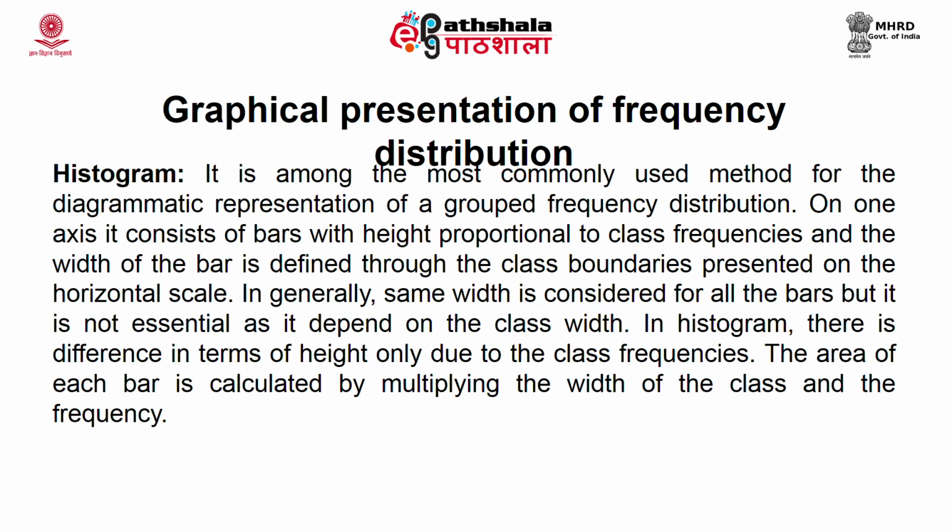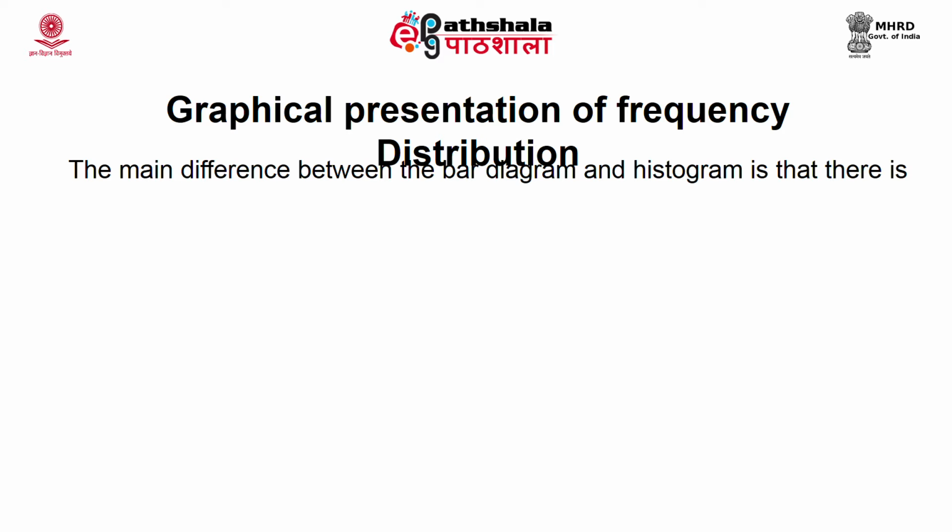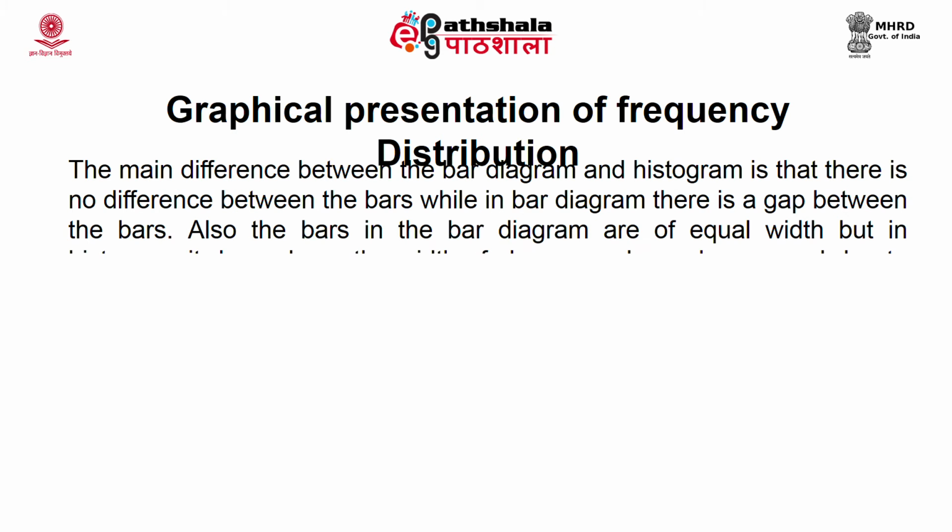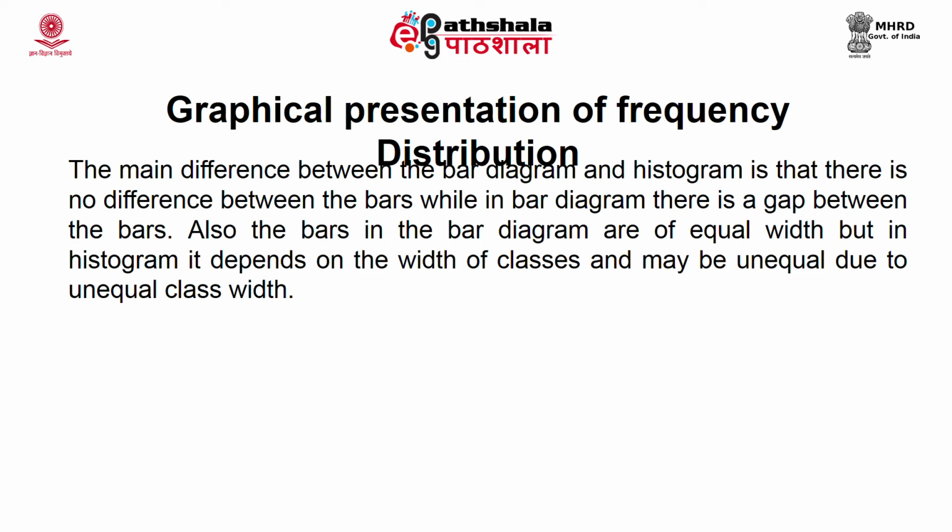The area of each bar is calculated by multiplying the width of the class and the frequency. The main difference between the bar diagram and histogram is that there is no gap between the bars in a histogram, while in a bar diagram there is a gap between them.